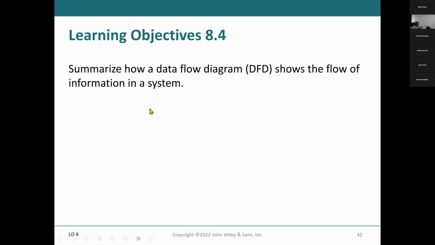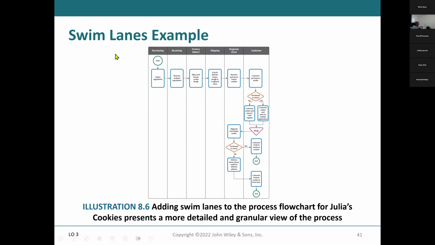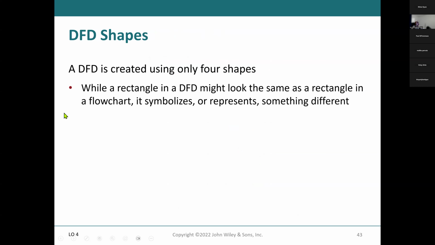This one, the standard flow chart with a swim lane, this is something that I would like you to know well. This is what you're going to see most of the time. The data flow diagrams are a little bit more specialized. If you're working on a technical level, not as an accountant auditor, then you may be looking at it. So just a very basic understanding of data flow diagrams would be sufficient.